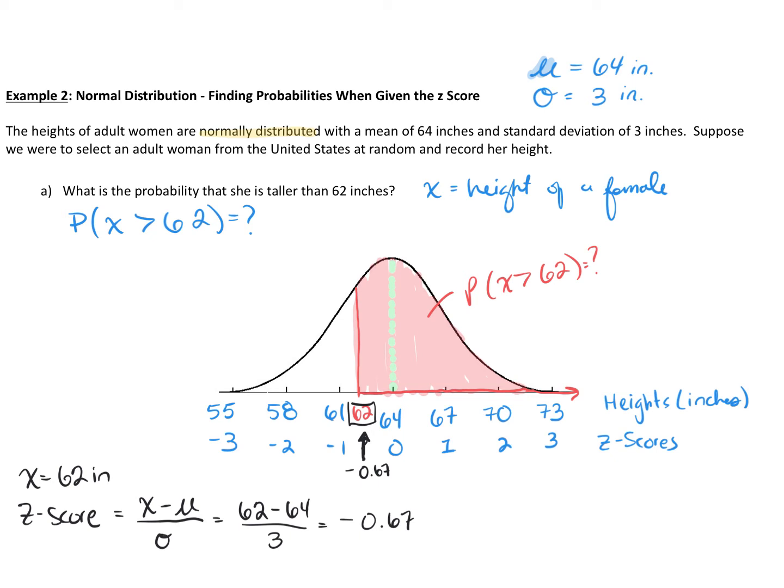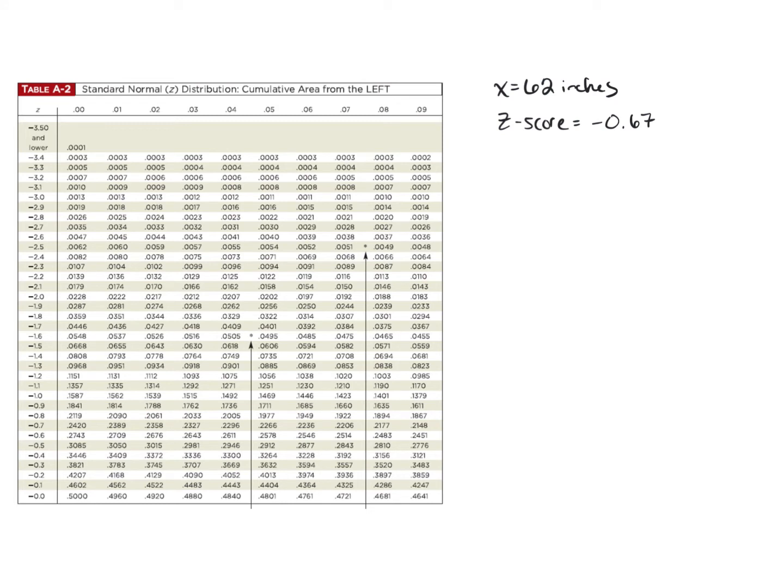Okay, now how do I figure out the area that corresponds to a z-score of -0.67? To find that area, we're going to first go to our z-table. On your z-table, there are two sides to the table. On one side, you've got all the negative z-scores, and on the other side, you have all the positive z-scores. Just recall that we converted 62 inches to a z-score, which was -0.67.